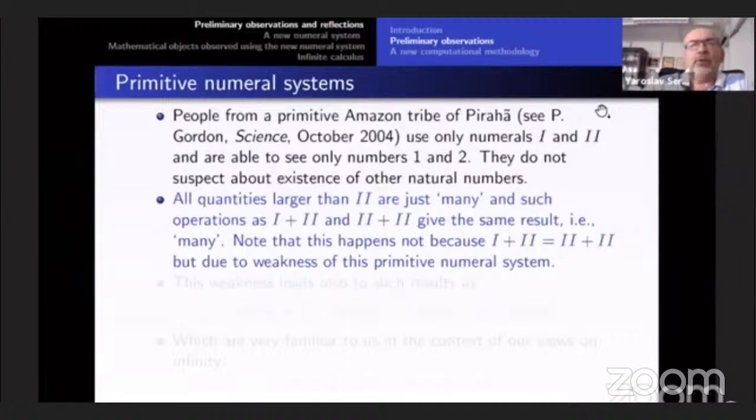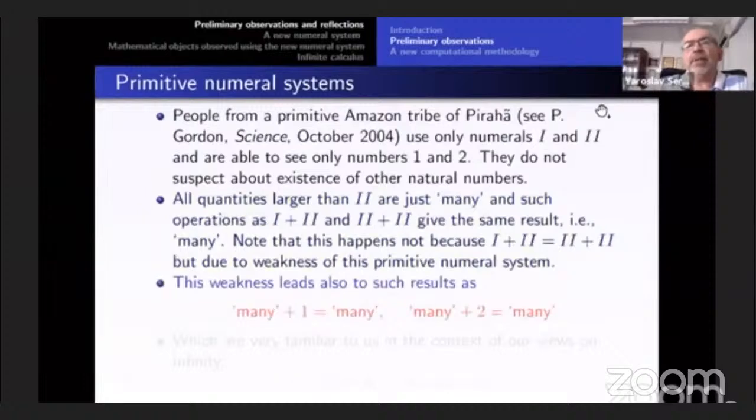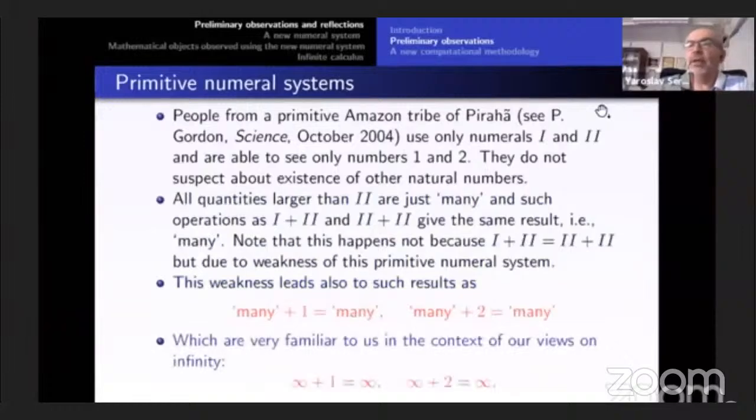Why am I talking about this? I wish to talk about infinity, but I'm talking about this because in this numeral system, many plus 1 is equal to many, and many plus 2 is equal to many. And these two records are very familiar to us in view of our traditional views on infinity.